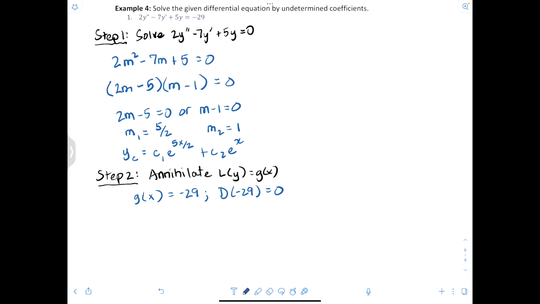So if you apply it to both sides of the equation, we've got our 2y double prime, and we're writing it as D. So we have 2 times the second derivative written with D, minus 7D plus 5, equals negative 29, and then we apply that annihilator to both sides.